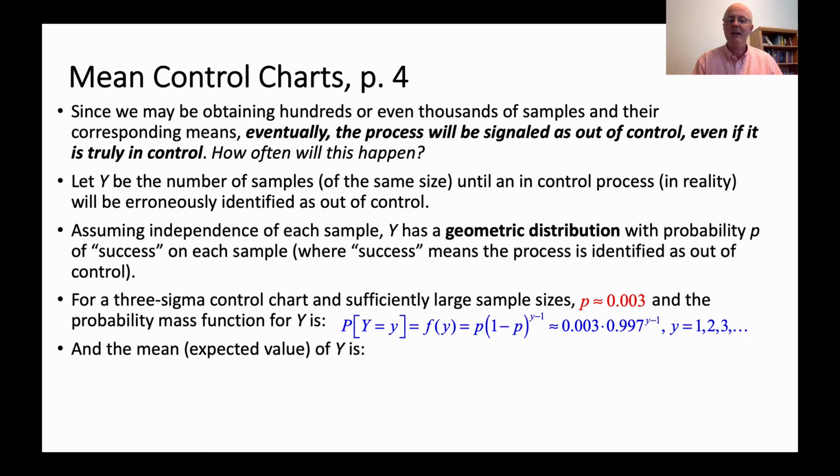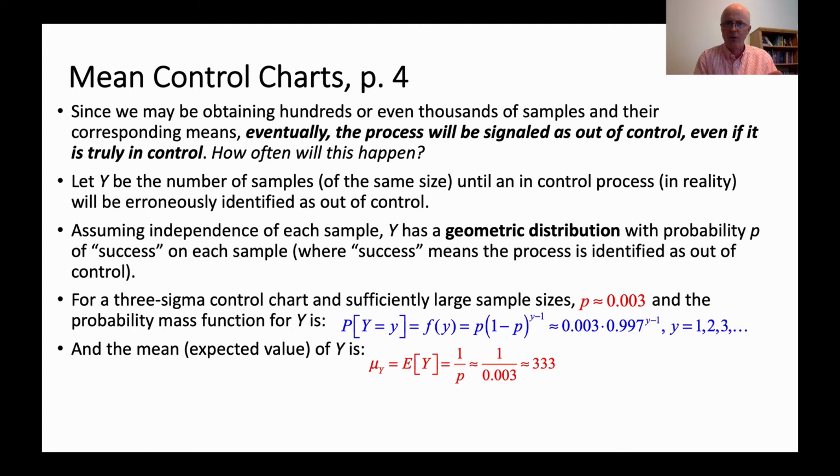And the mean, expected value of Y, is 1 over P, which in this case is approximately 333. Think of it intuitively. Imagine you're counting how many trials you have until your first success at something. Say baseball. Say you're a baseball player and say you're a bad hitter. Your probability of success, where success in this context really means something good, you get a hit, would say be 0.2. 20% of the time you get a hit in your official at-bats.